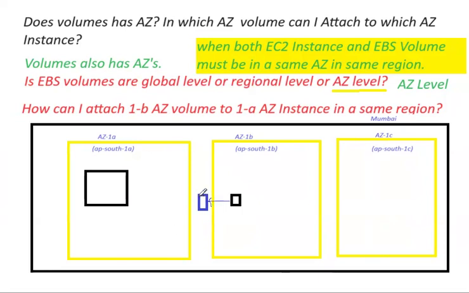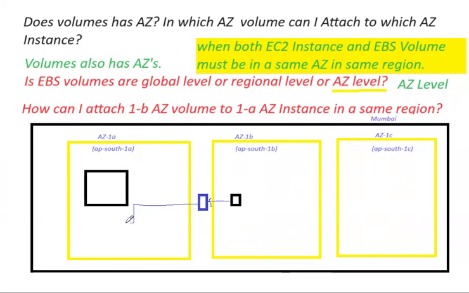Now you can access this snapshot from this availability zone or this one or this one, because all the availability zones are present in the same region, that is the Mumbai region. I want my volume to be present in the 1A availability zone. So how do I get it?